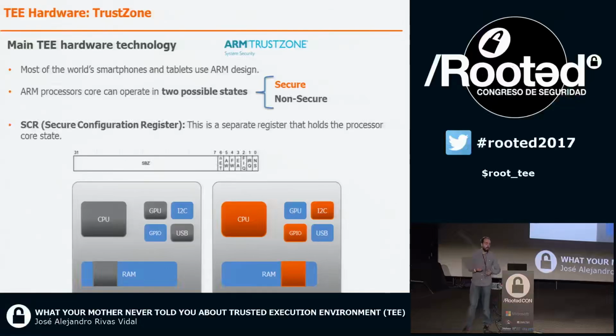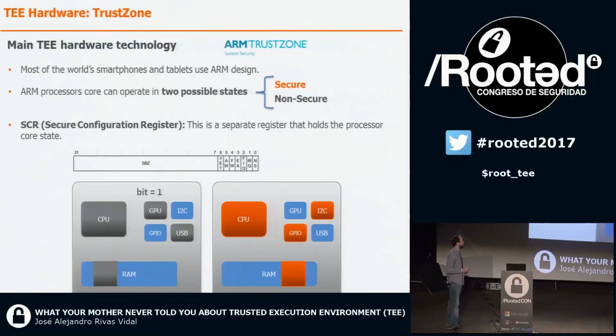TrustZone is based on the fact that the processor cores may be executed in two states: secure, that is associated to the processes executed in the trusted operating system, and the non-secure state that will be associated to the processes executed in the rich operating systems such as Android, iOS, and so on.